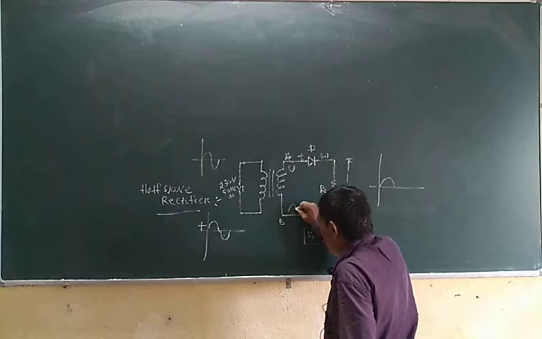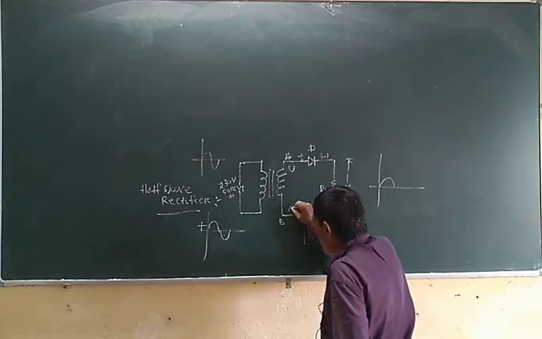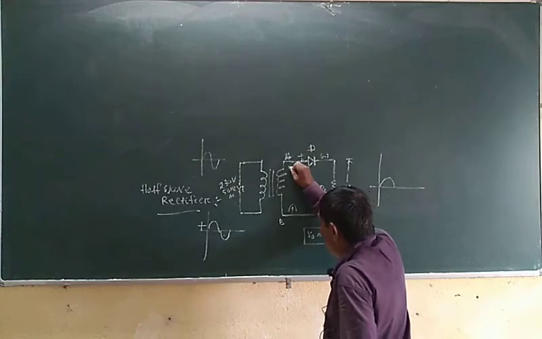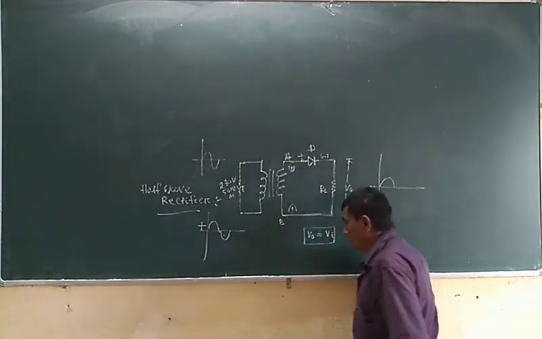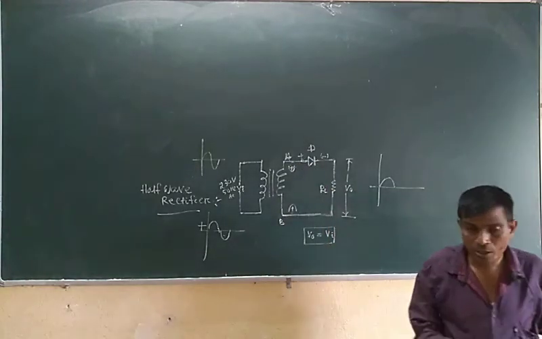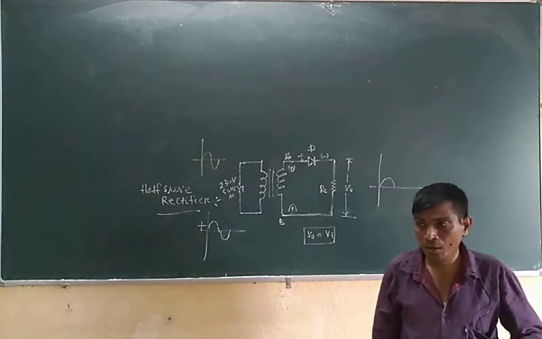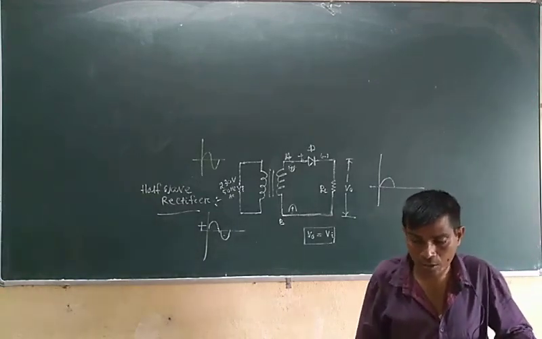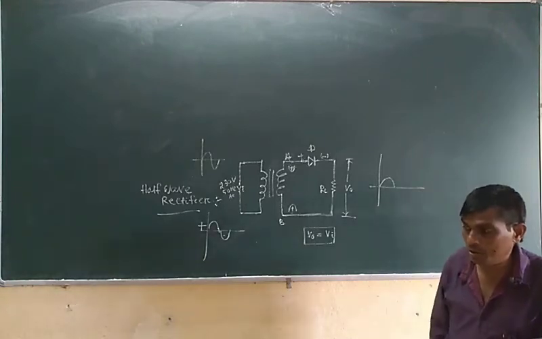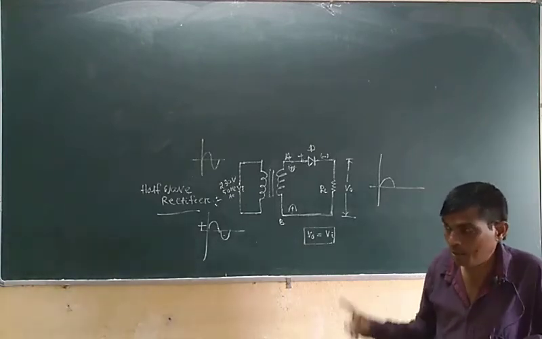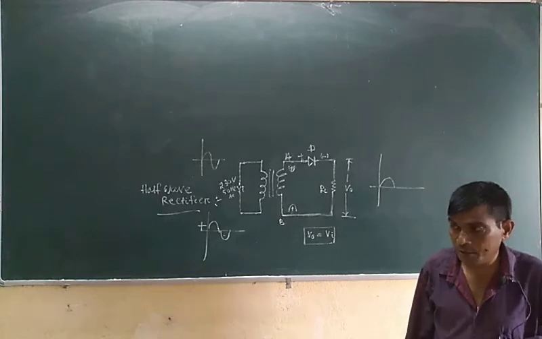So the cathode gets positive and the anode gets negative, and the diode is in a reverse biased condition. In reverse biased condition, the diode does not conduct any current.